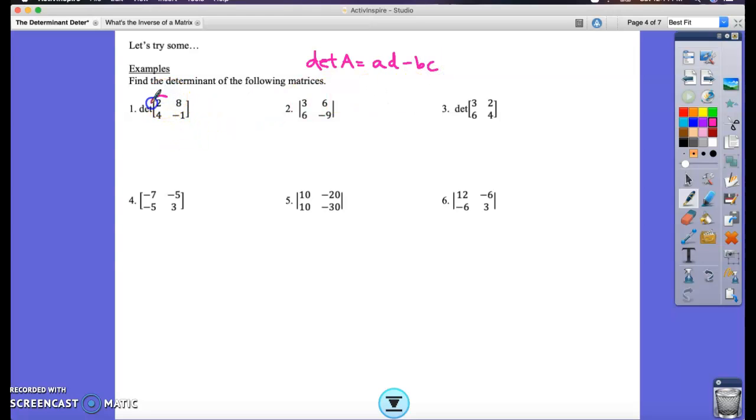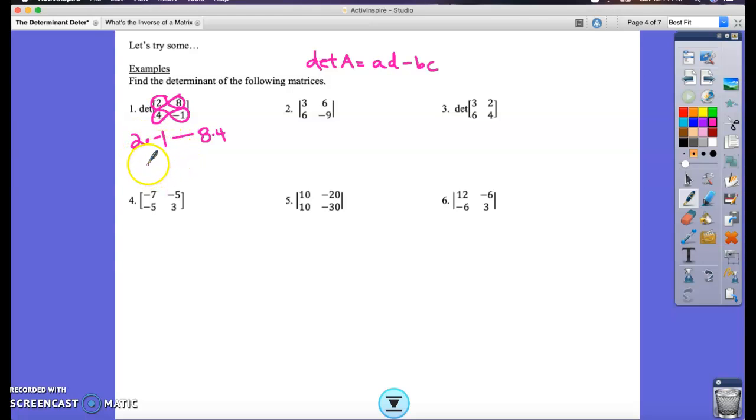So the first diagonal would be 2 and negative 1. So 2 times negative 1, it's the difference, so we subtract. The second diagonal is 8 times 4. So top to bottom, top to bottom. It kind of looks like cross multiplying as far as making that X shape.